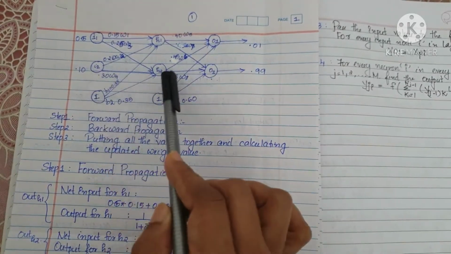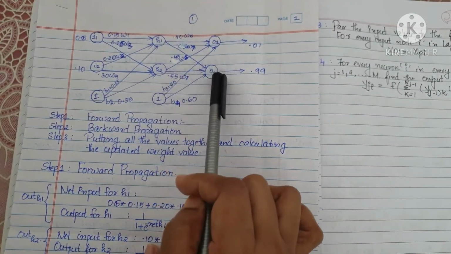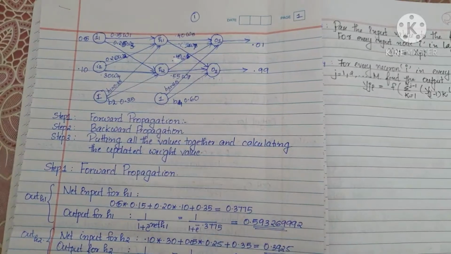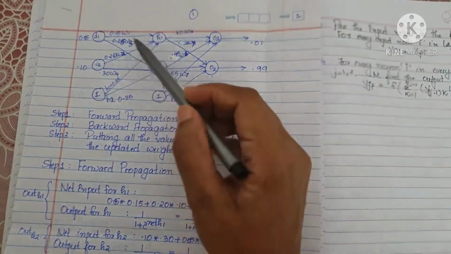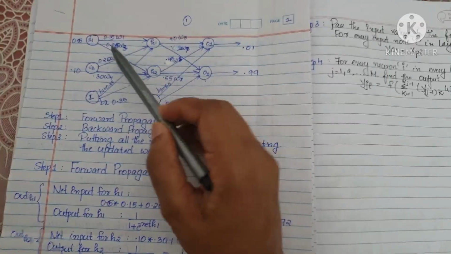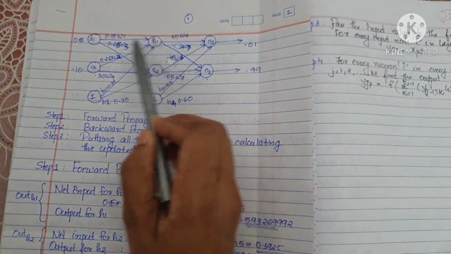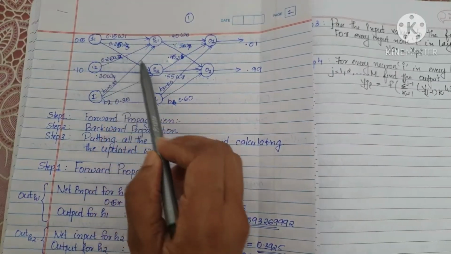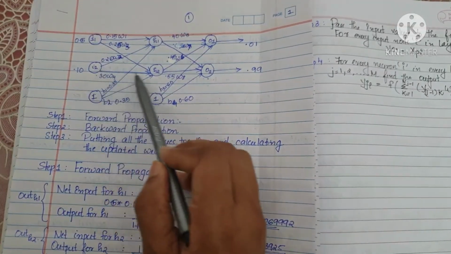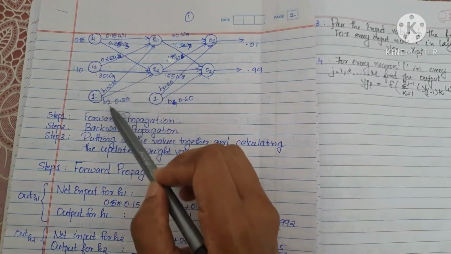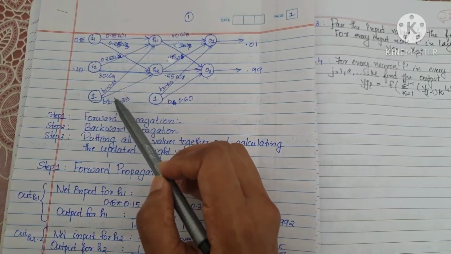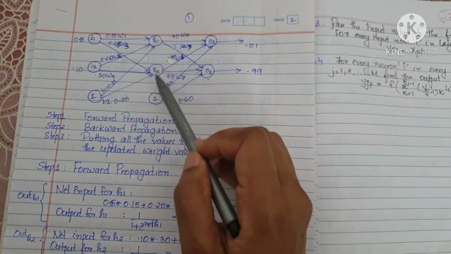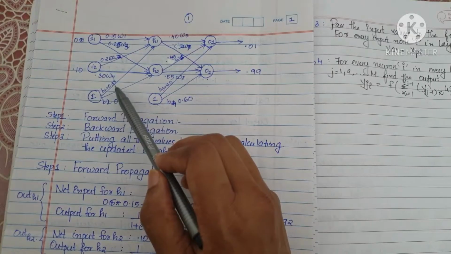This is input 2, hidden layer 2, and output 2. We are assigning different weights also: W1, W2, where W1 and W2 are given to H1, and W3, W4 are given to H2. The biases B1 and B2 are the same for both hidden layers H1 and H2, that is 0.35.